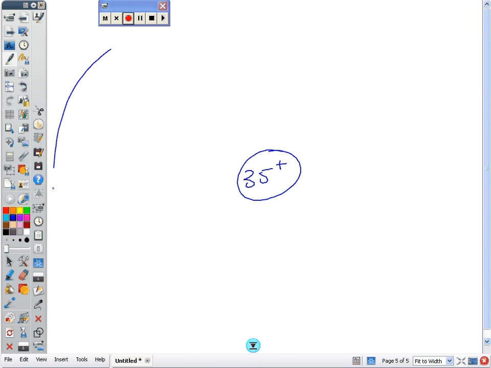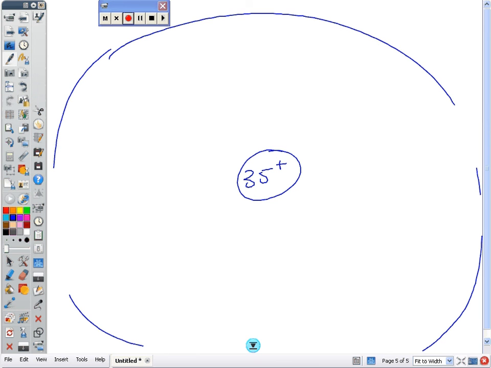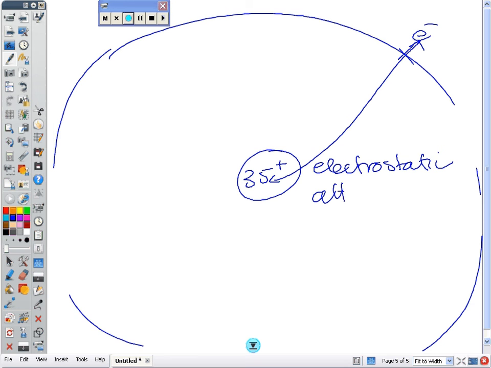Therefore, if it's trying to attract an electron, this distance here is so big that the electrostatic attraction that the nucleus would have on the electron becomes very, very weak. And if the attraction of the nucleus to the electron is very weak, it can't attract it very much, therefore it's going to be much less reactive than the others.